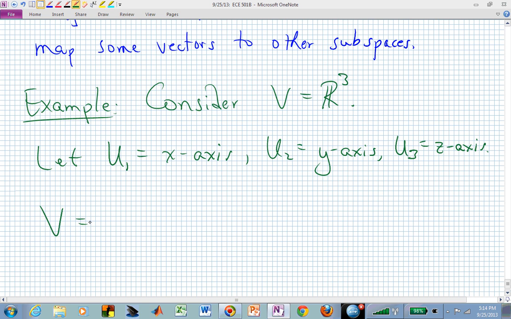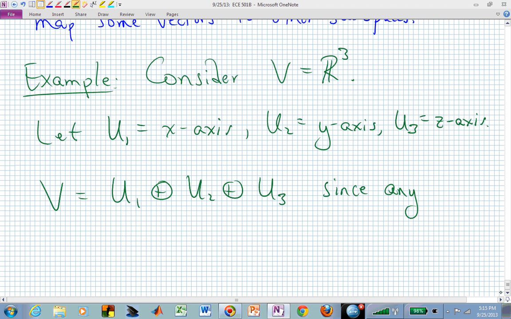So that V is now U1 plus U2 plus U3, since we can write any vector in terms of x, y, and z coordinates.